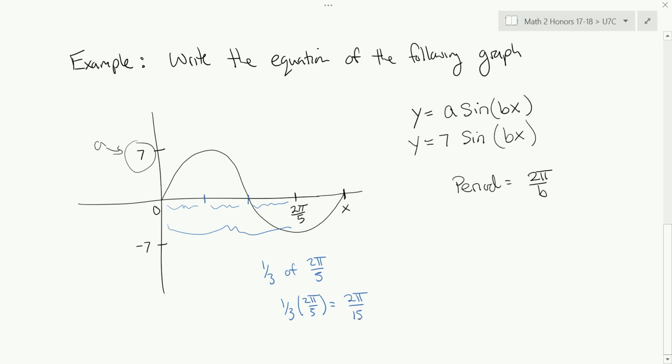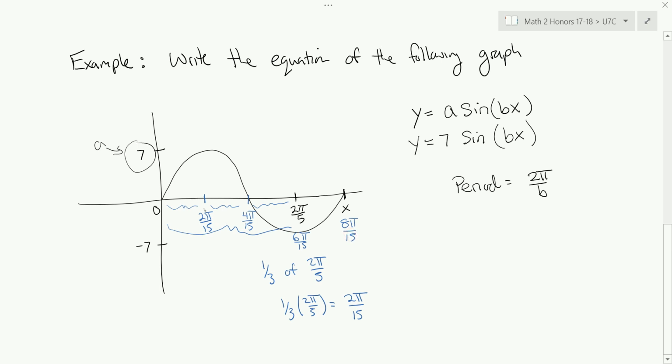Is that the period of the function? No, that's this value right here, 2 pi over 15. And then I can count by 2 pi over 15. So 2 pi over 15, this is 4 pi over 15. This is 6 pi over 15, which is the same thing as 2 pi over 5. And then count one more and I get 8 pi over 15.